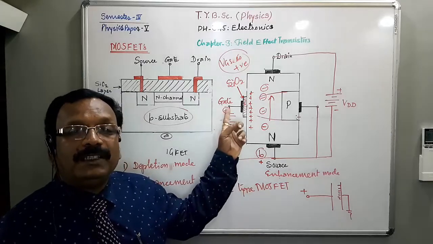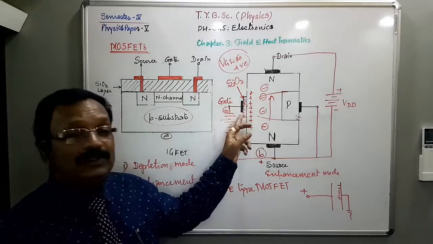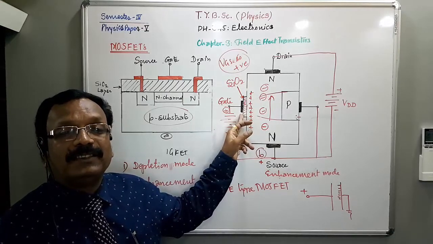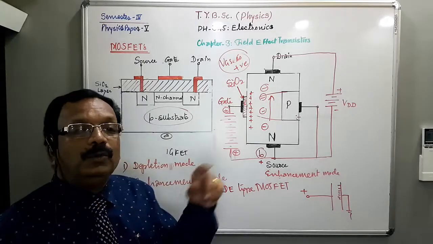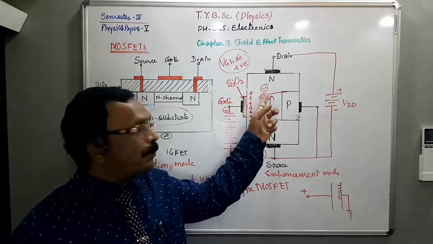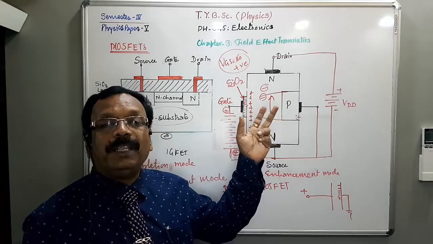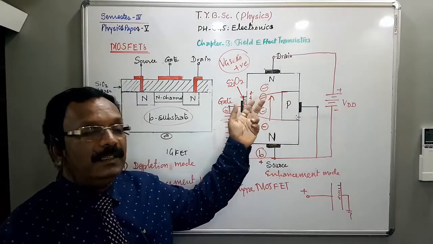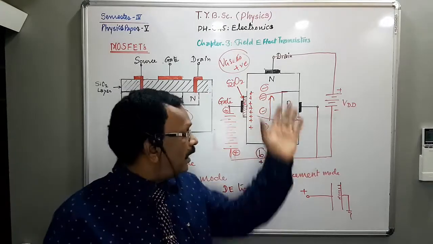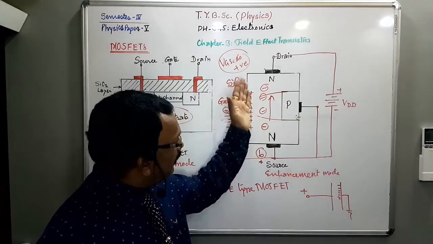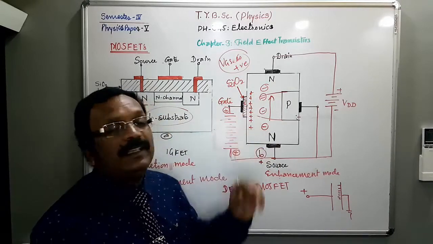The negative gate voltage induces positive charge in the N-type channel through the insulating silicon dioxide, SiO2. Since conduction of current through the N channel is by means of majority carriers, that is electrons, the free electrons in the vicinity of positive charges are repelled away. There are many more electrons, and these are the induced holes, so there is repulsion between holes and electrons.